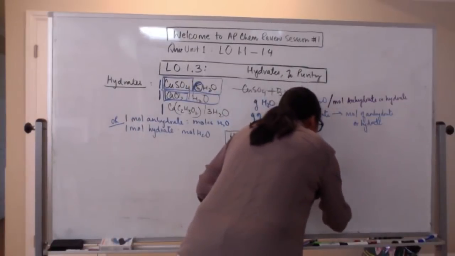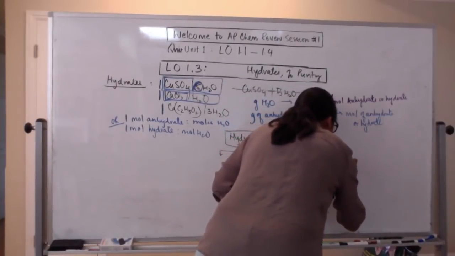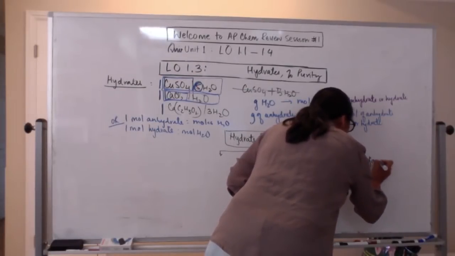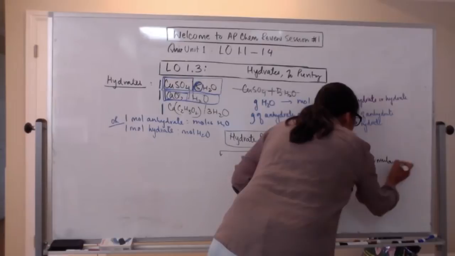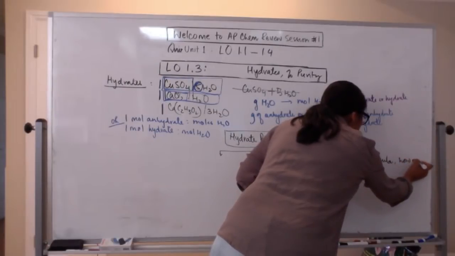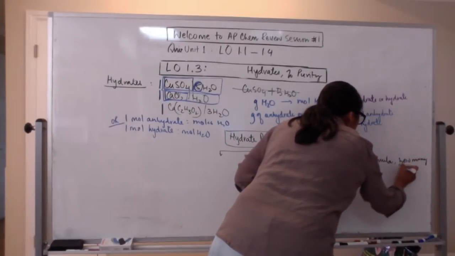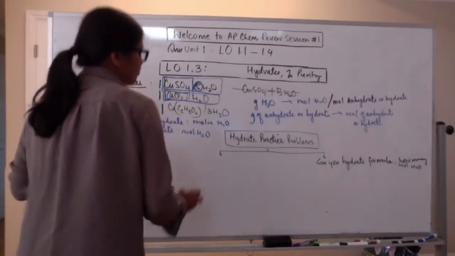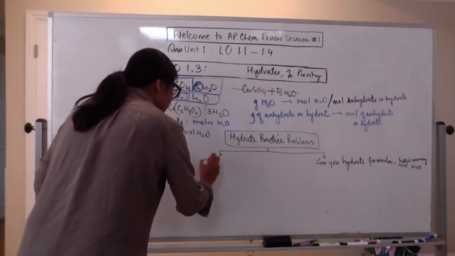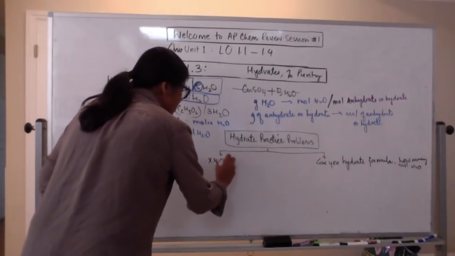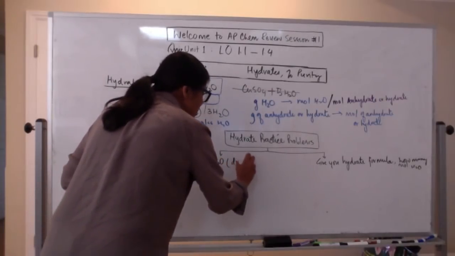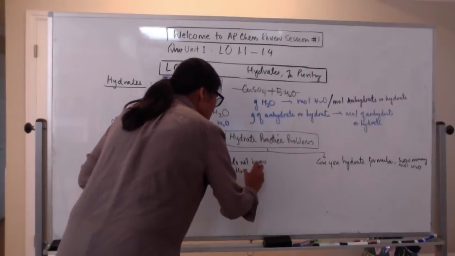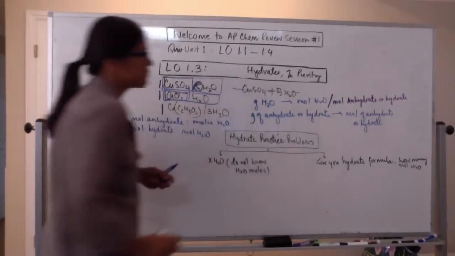The one that gives you the hydrate formula, so you know how many moles of water are there. And the other type of problem is where they give you .x water. You do not know the H2O moles. There are 2 types of problems.